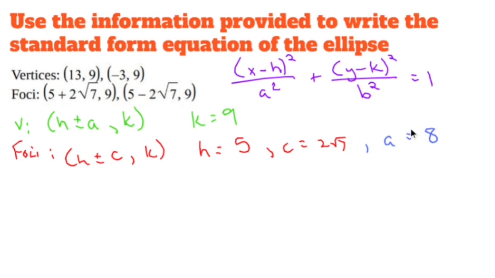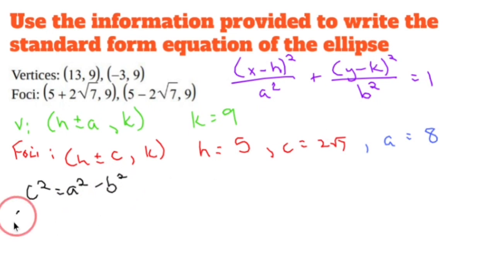Now, do I have all the information that I need? I do not, because I don't know what b is yet. I have a, I have c. Well, what we do know is I can find b, and it's not too bad. So c squared equals a squared minus b squared.